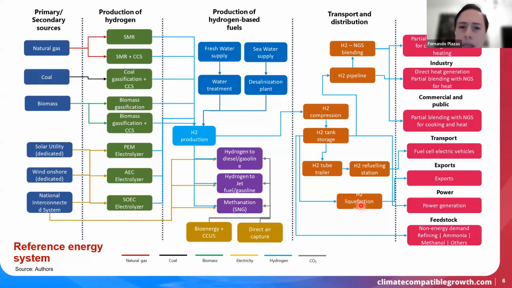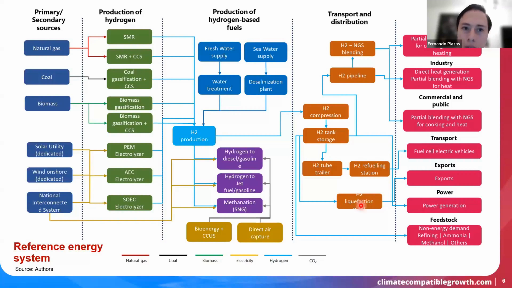Something very well considered right now is the use of hydrogen for feedstock purposes, like I was telling you before: the use for refining and for ammonia production, which is connected directly with fertilizer production. And finally, the use for power generation, which could be an option, especially for seasonal storage.